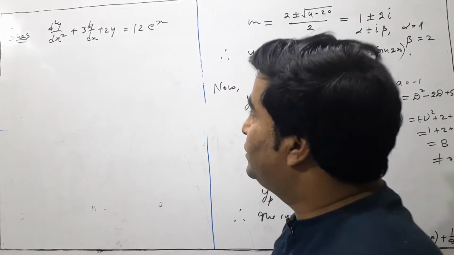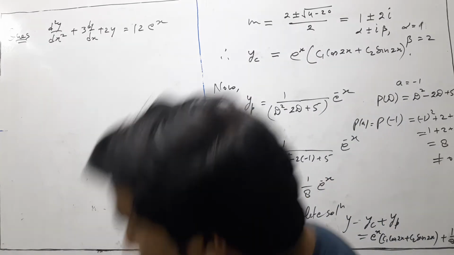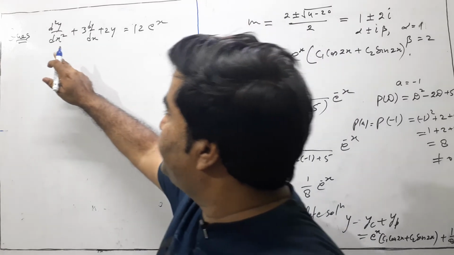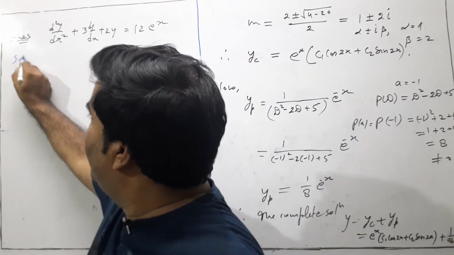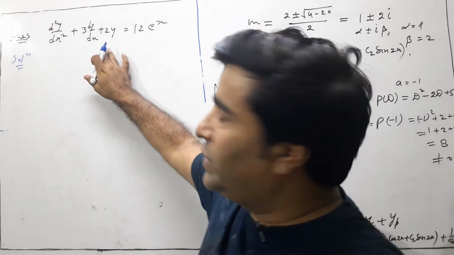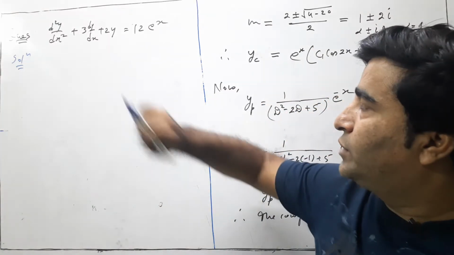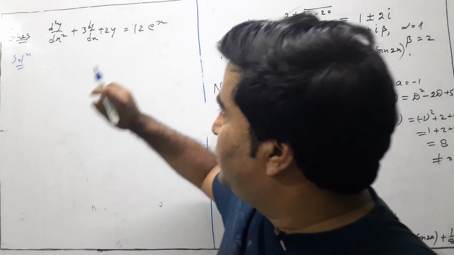The solution of this differential equation we can write like this. Here we have a non-homogeneous linear differential equation, and the right hand side is an exponential function.